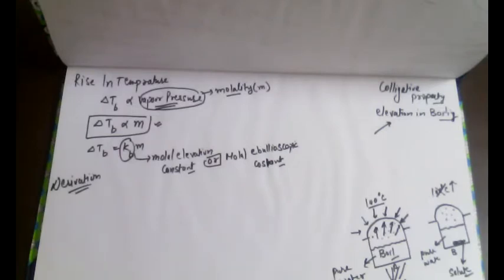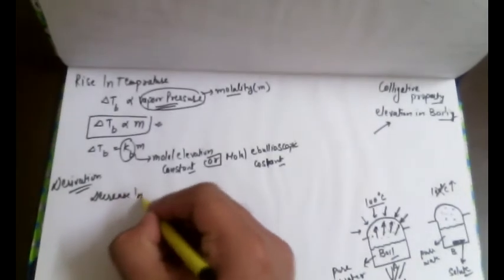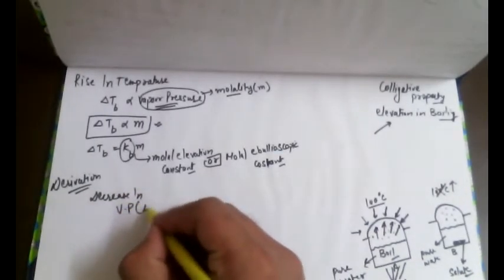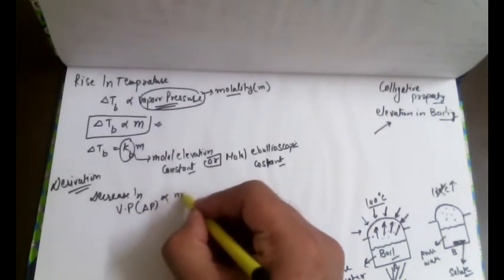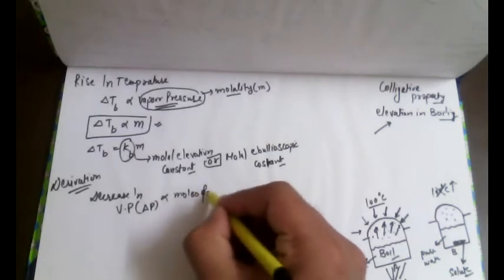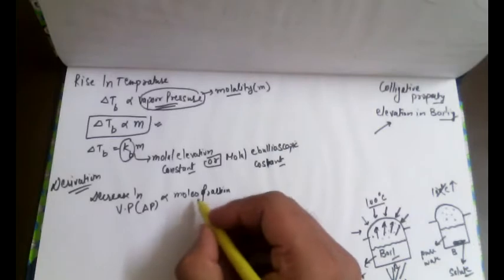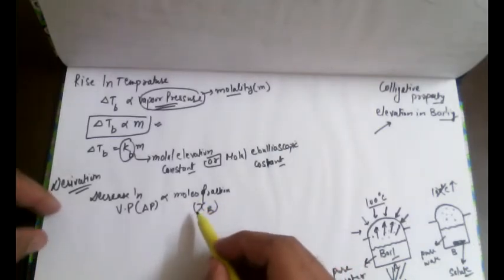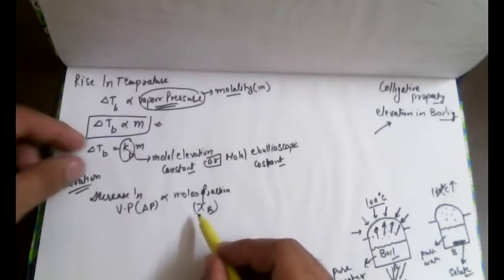According to Raoult's law, the decrease in vapor pressure, that is delta P, is directly proportional to the mole fraction XB. You will later see that I will reach this result.